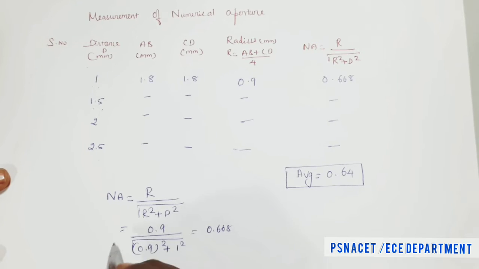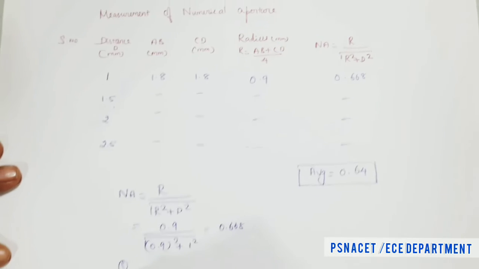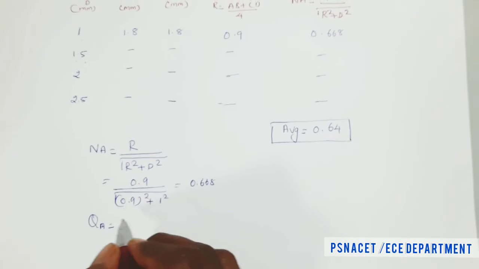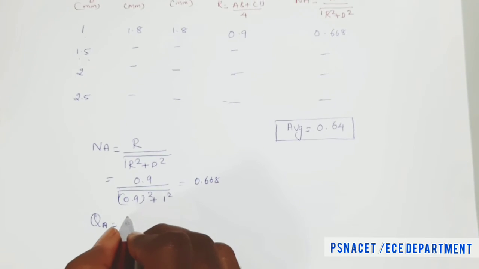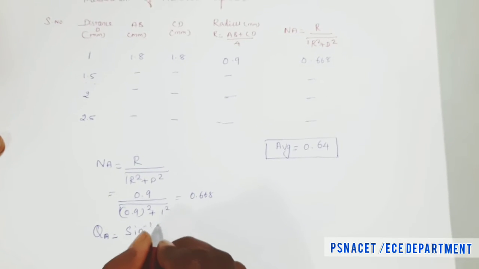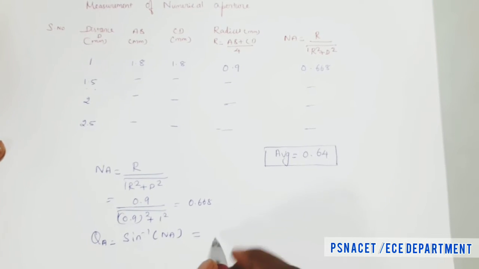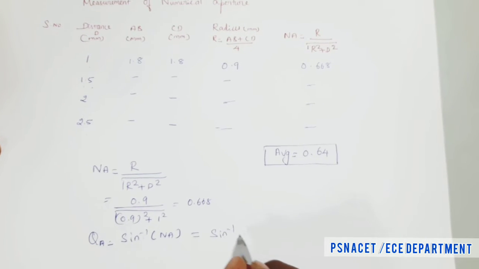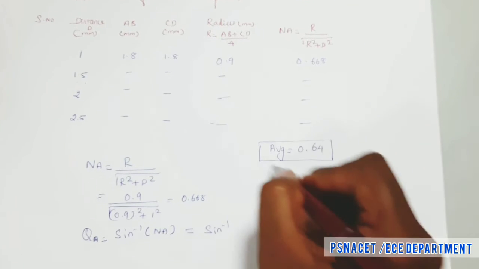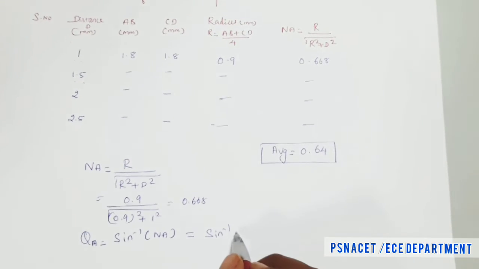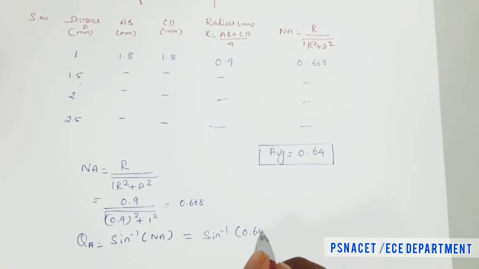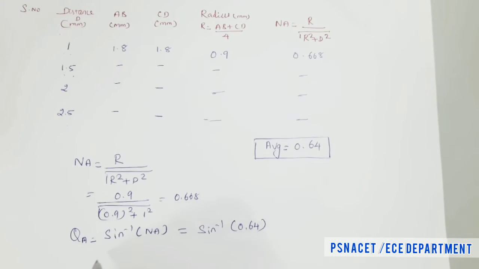The interesting fact is, from the value of numerical aperture we can calculate the value of acceptance angle. The simple formula: theta A or theta max will be equal to sine inverse of numerical aperture. Let the numerical aperture we have found be equal to 0.64. So I am just going to substitute this value.